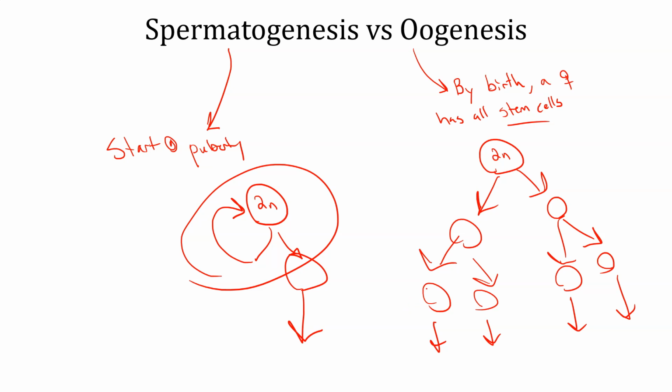So by birth, a female will have all of the stem cells ready to then go through meiosis, and they actually, in fact, do begin meiosis, and then they're all stopped. And so by birth, there's about 500,000 of these cells that are arrested in meiosis 1, and so that's in each ovary.